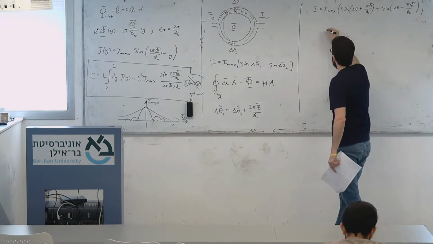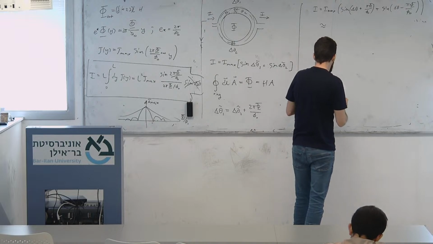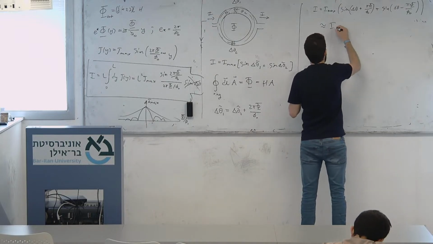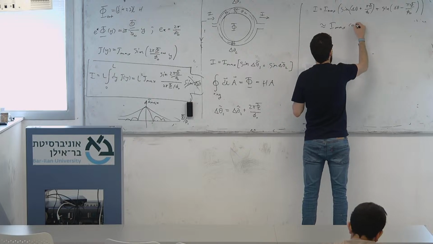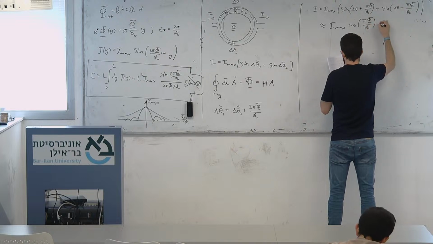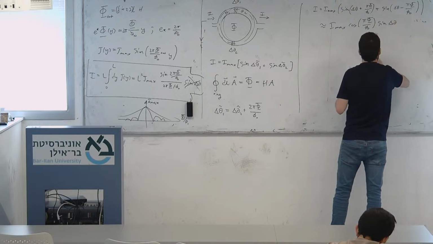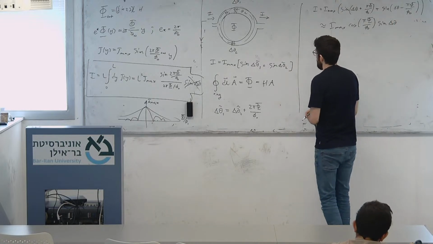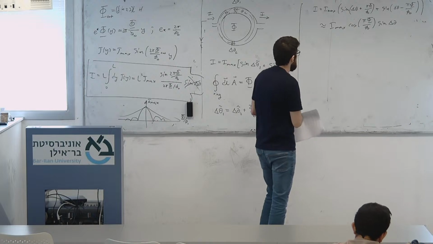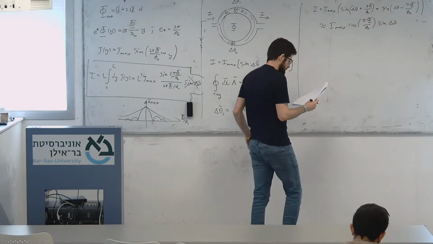And this we can rewrite as I max cosine of pi phi over phi naught sine of whatever delta theta you might have across these two superconductors. This is just by taking the sum and the difference.